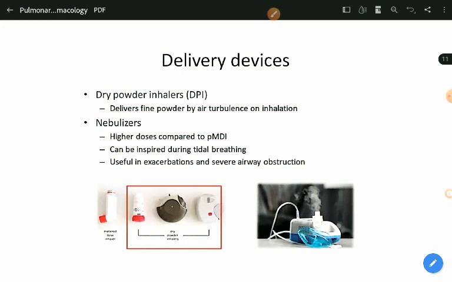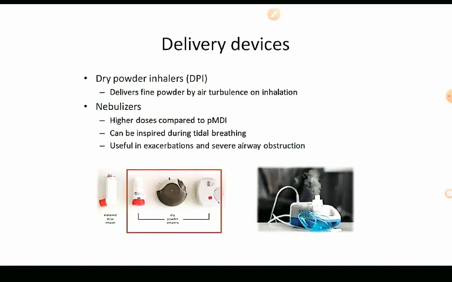That's why in emergency situations, in the ER, or even in the ward, we use the nebulization technique because this delivers higher doses. This can be inspired during tidal breathing. This is useful in exacerbations and severe airway obstruction.